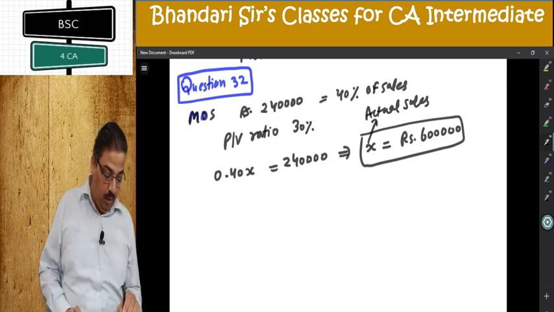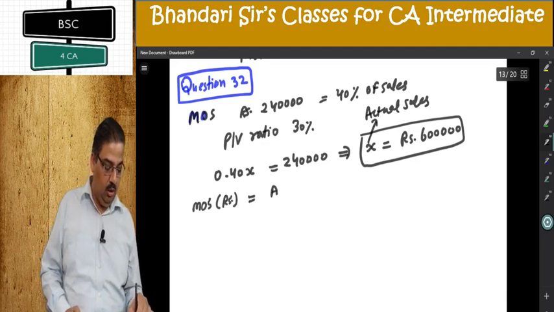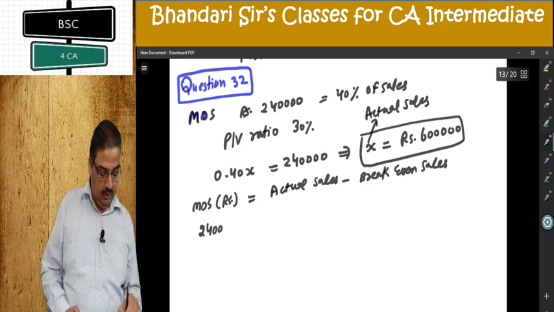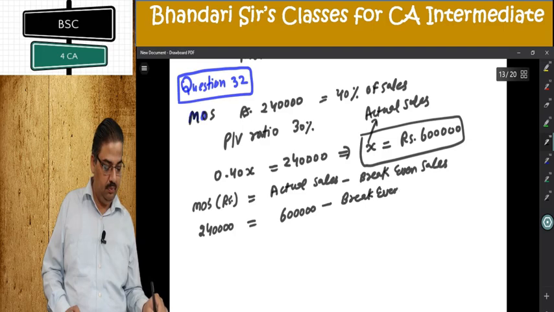Now, formula. MOS in rupees equal actual sales minus break-even sales. 2,40,000 is equal to 6 lakh minus break-even sale in rupees.